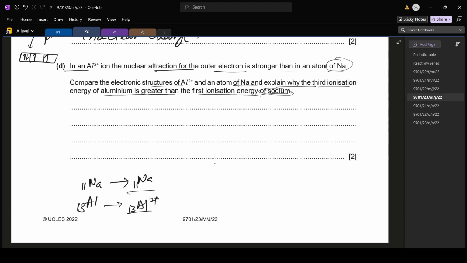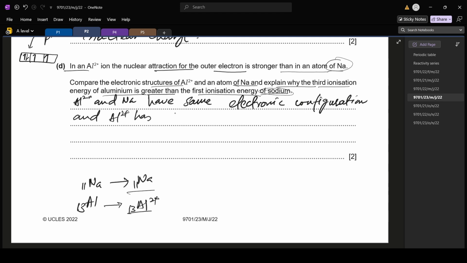Or you can write that aluminum 2 plus and sodium have same electronic configuration, and aluminum 2 plus has greater nuclear charge.